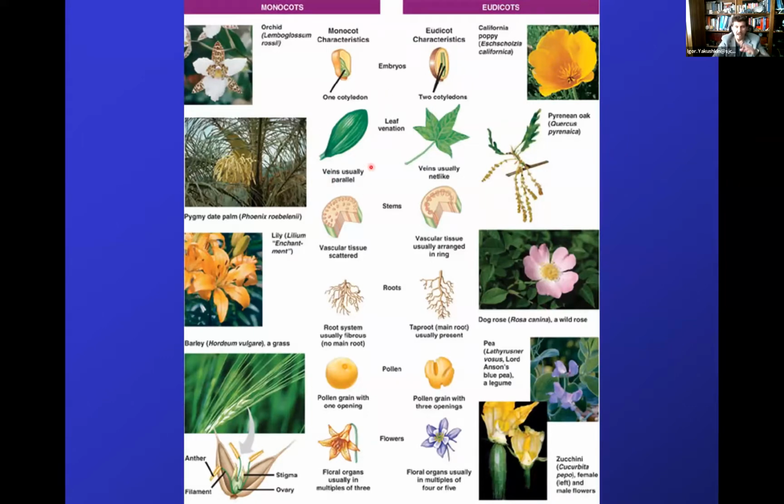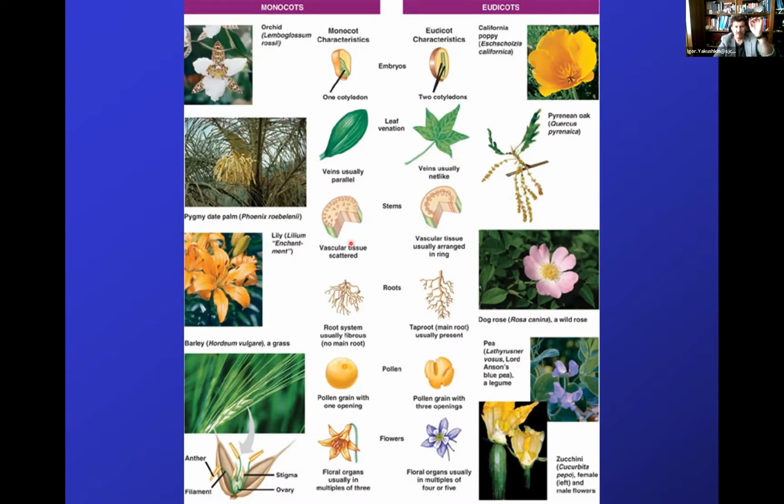Whenever you're looking at the leaves, if the veins in the leaves are running more or less parallel, that's most likely a monocot. If it has something other than parallel venation, something known as palmate or reticulate, that would most likely be a dicot.